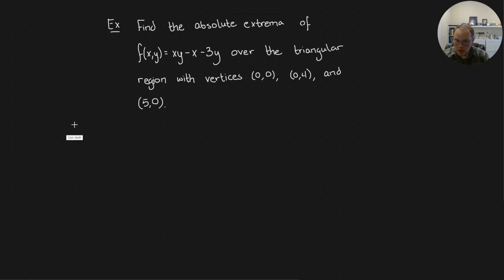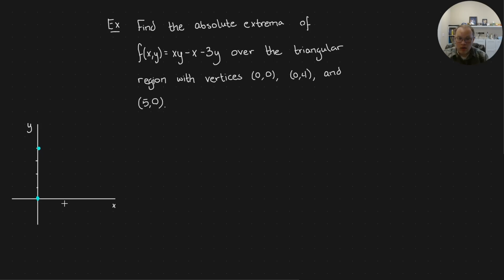So we want to be over the triangular region. So let's draw out our region. Always a good strategy when dealing with these maximization, minimization problems over a bounded region to first draw the region. Okay, we want a triangular region with vertices 0, 0. So right there, 0, 4. So we'd go up 4 units.